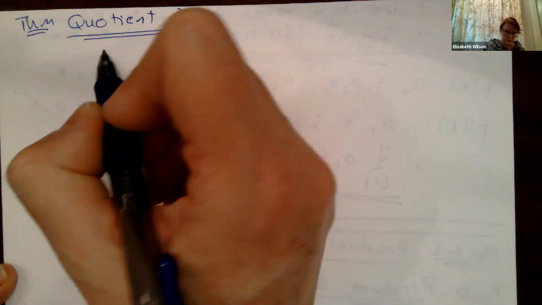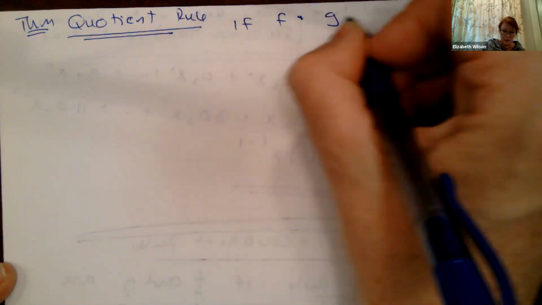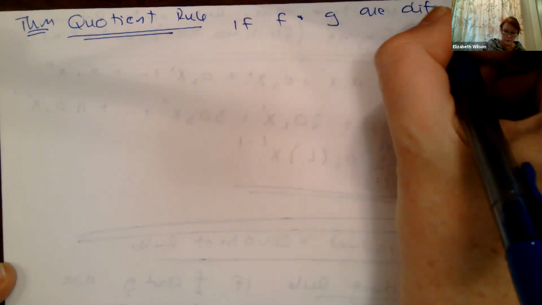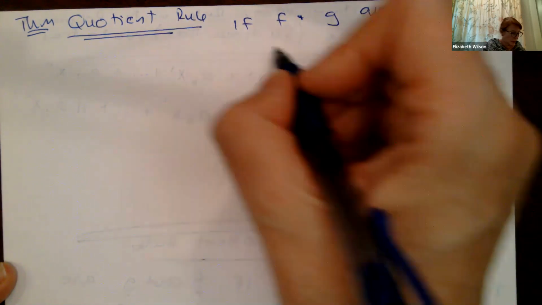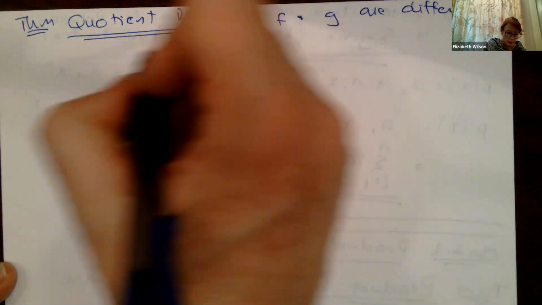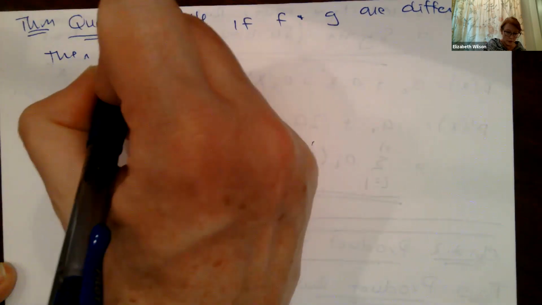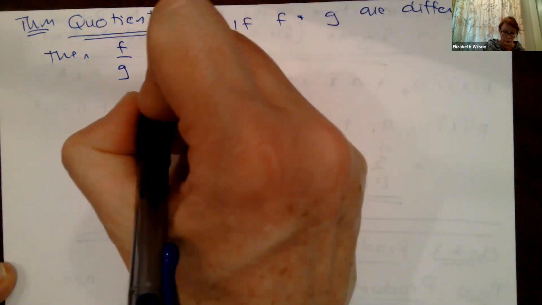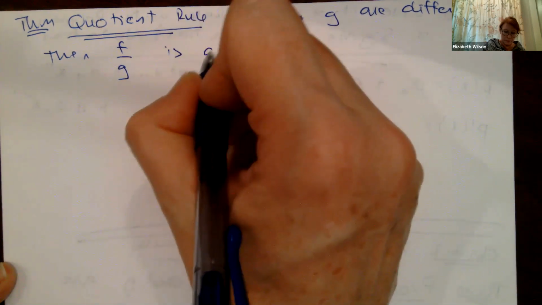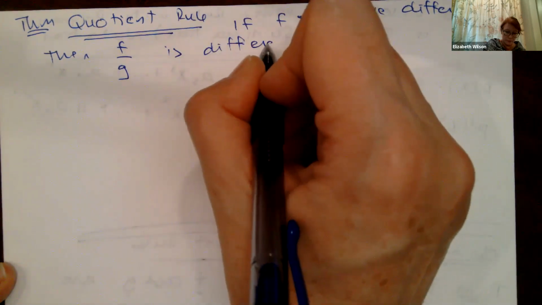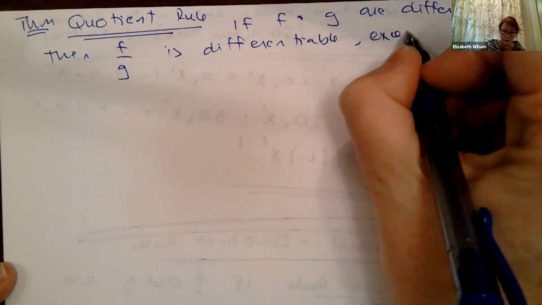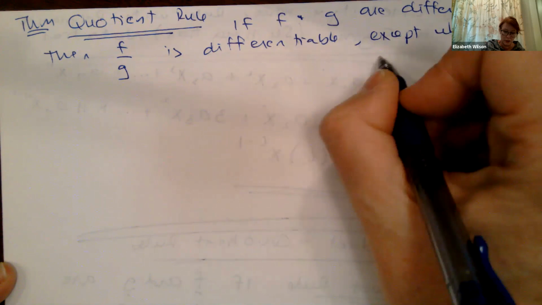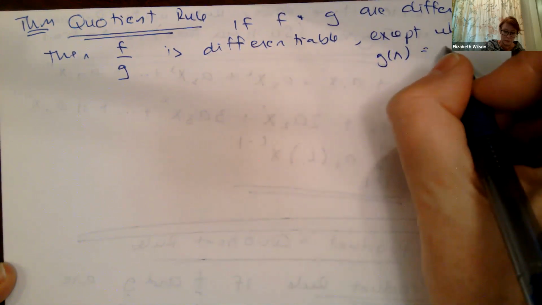Okay, so quotient rule. I've got my two functions, f and g. If f and g are differentiable, then their quotient is also differentiable for all x except where g of x is equal to 0.